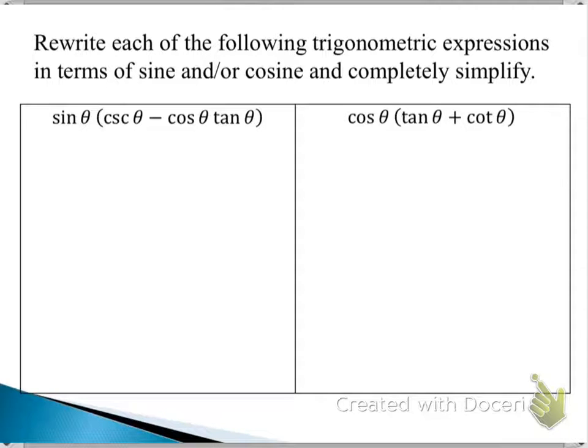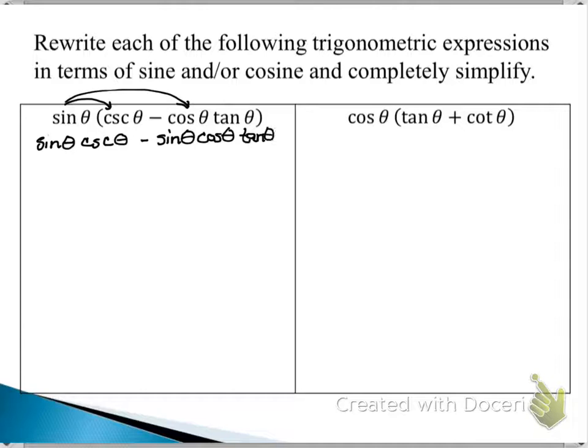So if I was to distribute here, it's going to be sine theta times cosecant theta minus sine theta times cosine theta times tangent theta.